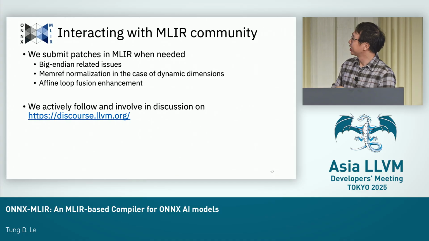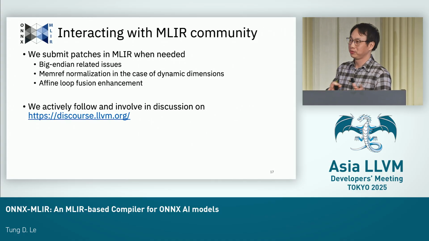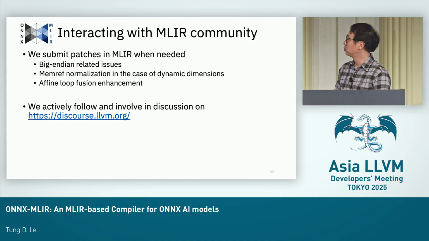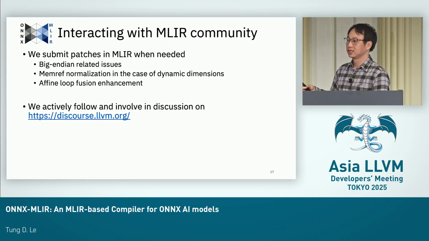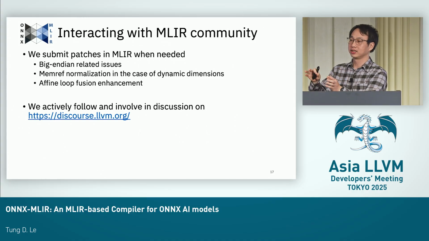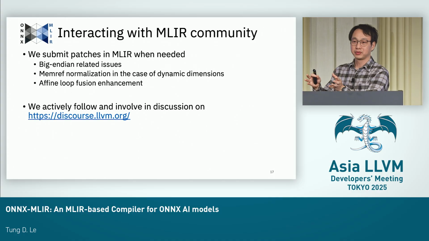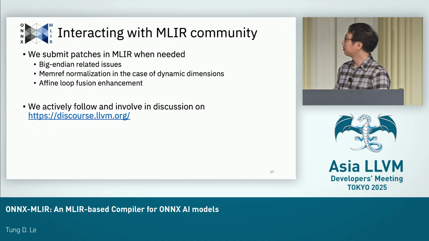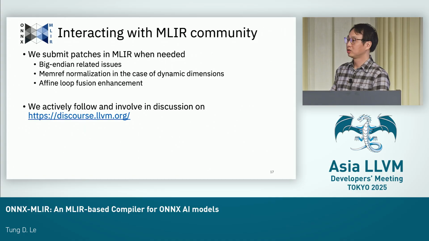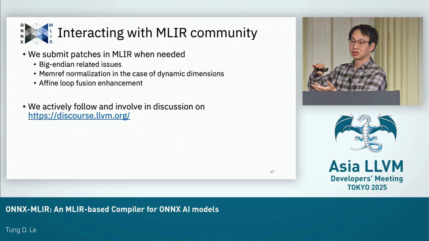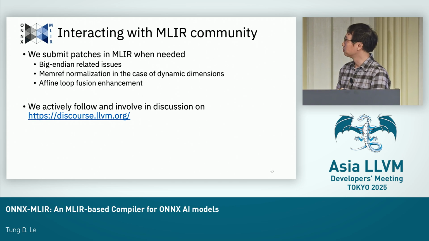Some issues are like big endian, because IBM Z is a big endian machine. We also have some improvements about memory normalization, because the Z tensor is based on the affine map. So we need to support the dynamic dimension and affine loop fusion. Because our idea is to express computation based on loops, we really need to have affine loop optimization.